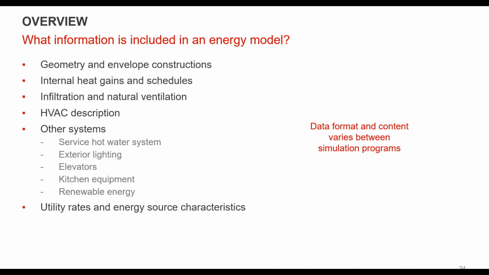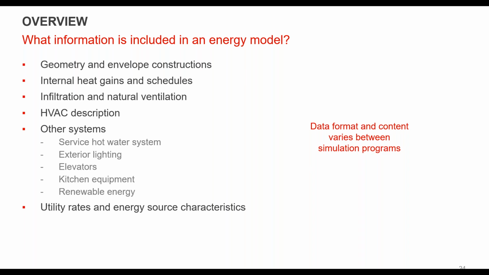So what generally is included? You're putting in geometry, obviously, and your envelope. So you need to enclose your spaces. You'll put in any heat gains that you have and schedules associated with those gains. Any infiltration or openings, windows and doors that you have. You will have HVAC. Again, we'll spend a lot of time talking about HVAC, but in general, you're putting in a full description of your HVAC.